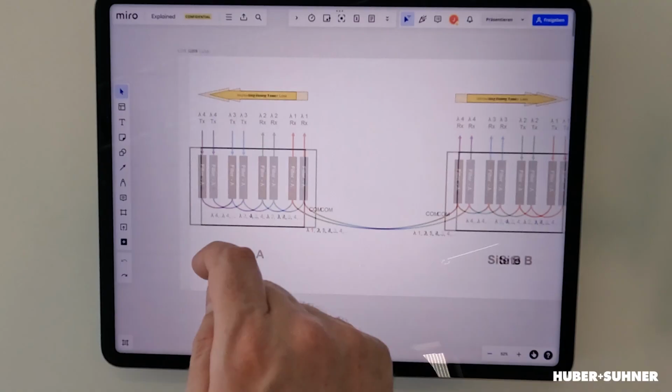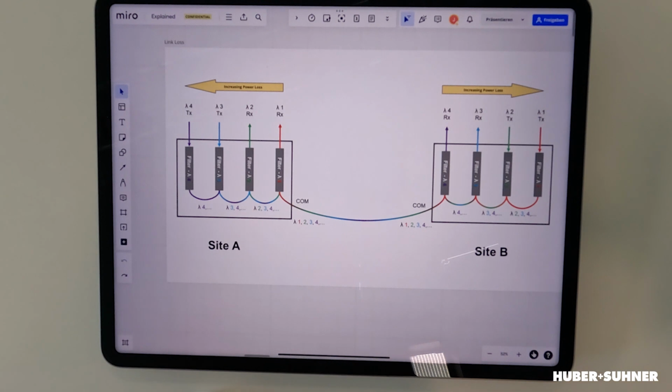Now there is one important thing to know about the link loss, and that is that it is based on an ideal pair of multiplexer and demultiplexer, especially when we're talking about, once again, the filter cascade. As I described beforehand, with a filter cascade, the insertion loss for each individual channel can vary depending on the position in the filter cascade.